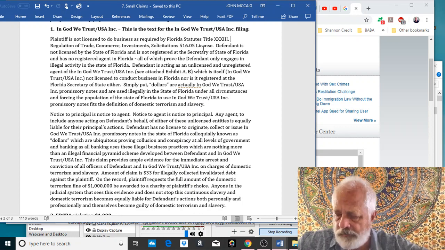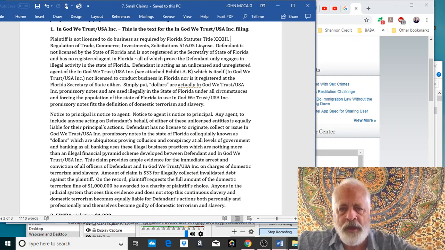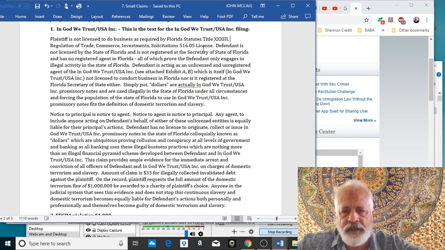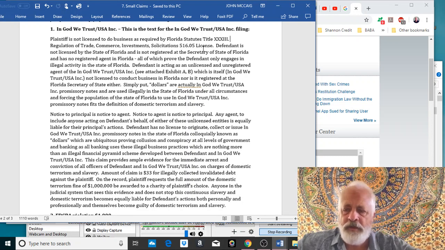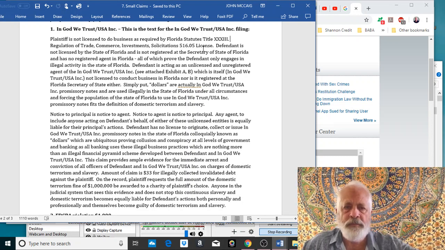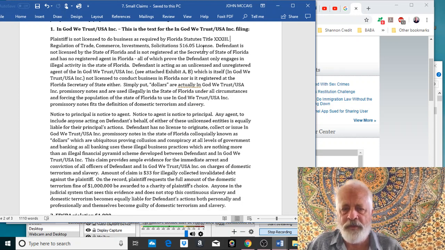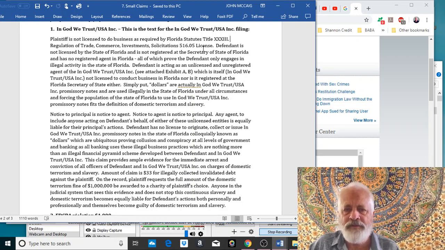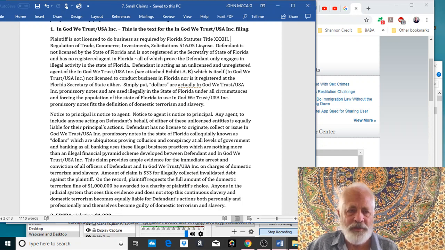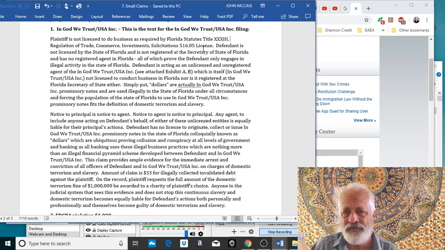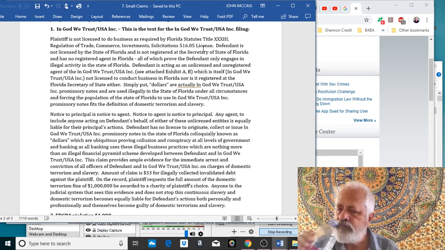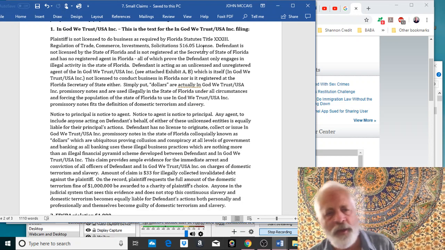This is about using dollars and them not being registered to the Secretary of State. They need a license if you're going to use dollars, right, and be a trust and engage in all this commerce and stuff, that Florida statute says you need a license. So you ask, where's their license? And this is how you ask.